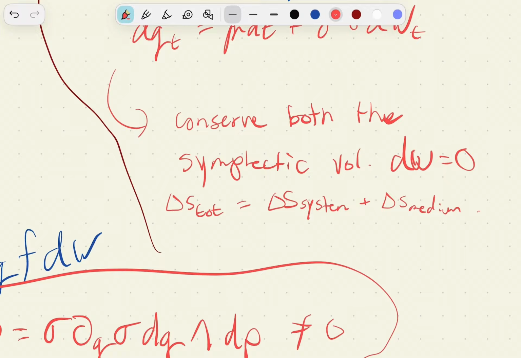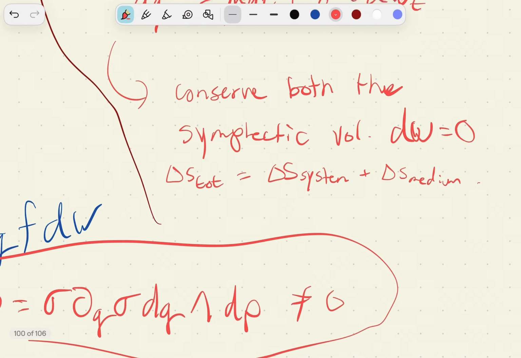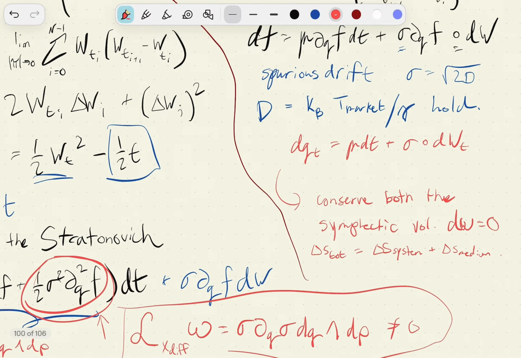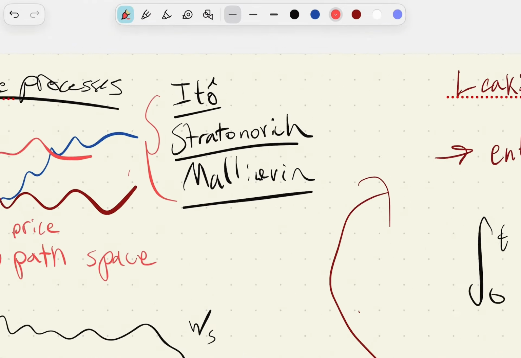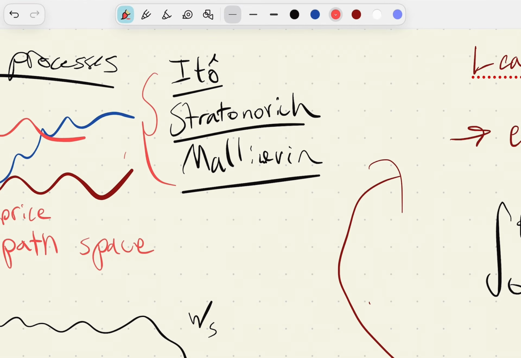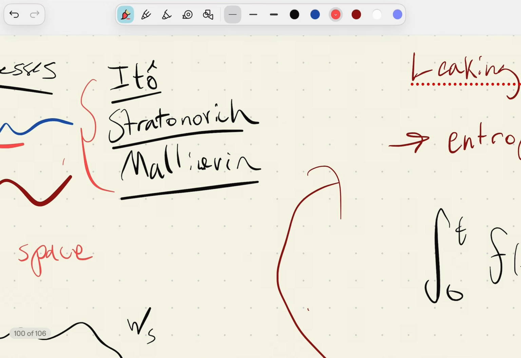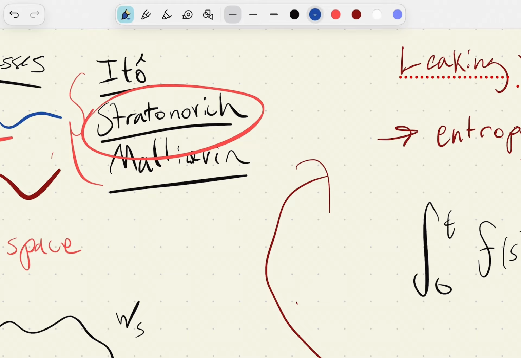And so the medium entropy is now exactly the work against the latent liquidity field with no fictitious contribution. And this is why we make Stratonovich mandatory, right? Because, first of all, why do we choose Stratonovich?